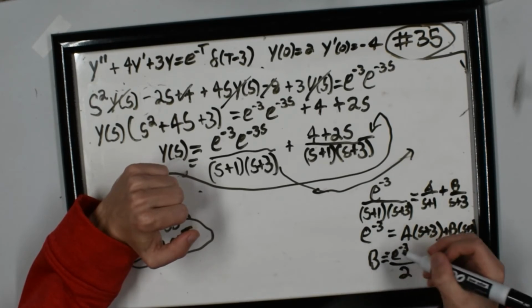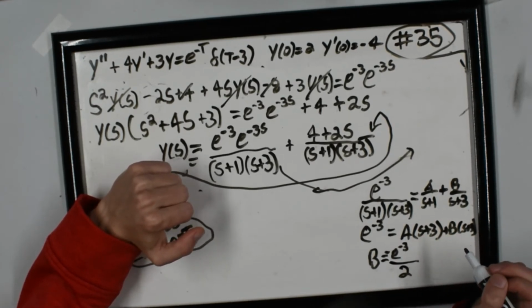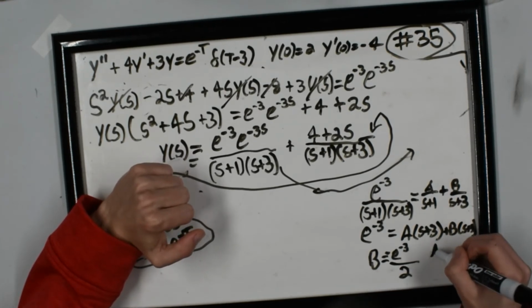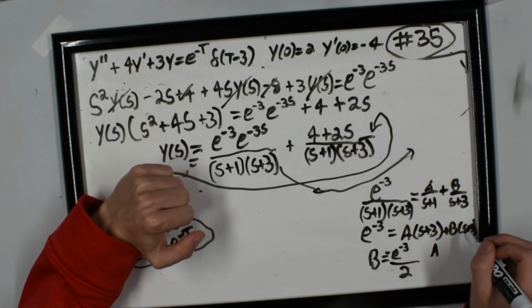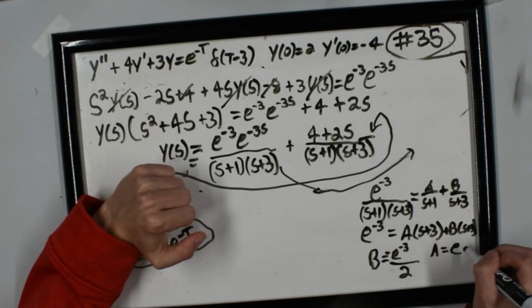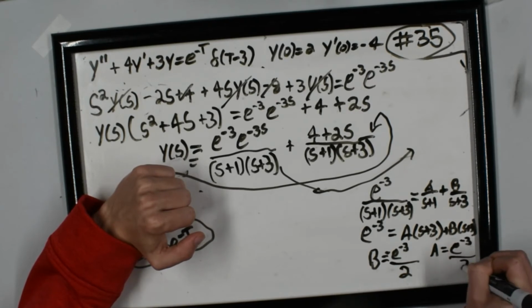Oh, negative. It's going to be a negative. And then a is going to be s equal to negative 1, so positive 2. a is equal to e to the negative 3 over 2, a positive.